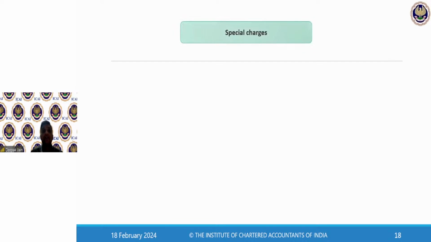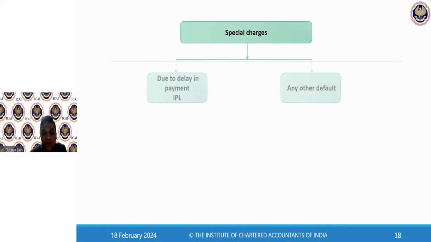Now, in case of goods, you can see in valuation that there are other cases where section 12 subsection 6 says what the time of supply is in case of addition in value. Now, addition in value could be in case of the following instances, such as delay in payment. You have made a supply, and you had a clause that if you delay the payment, then you have to pay IPL.